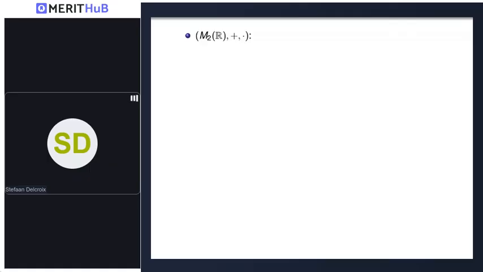Okay, but not every matrix has an inverse, only those whose determinant is not zero. And was the multiplication of matrices commutative? No. So this is the standard example of a non-commutative ring, and it actually has an identity, with identity 1 0 0 1.